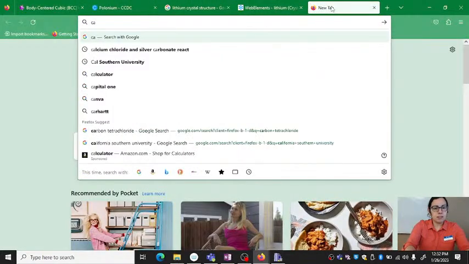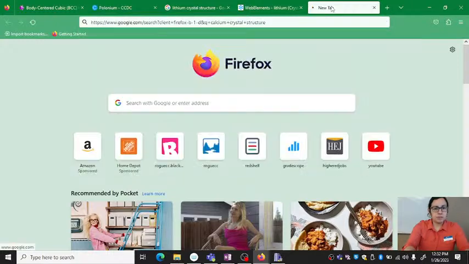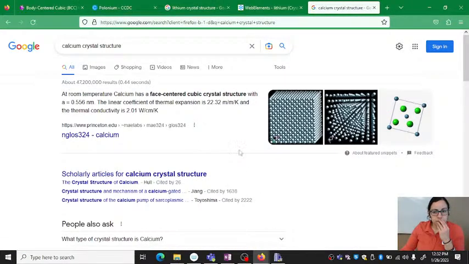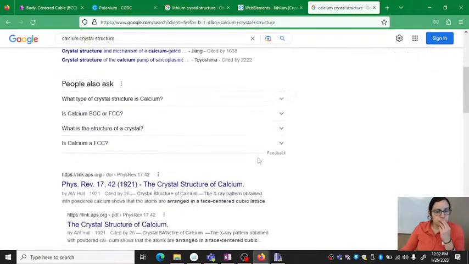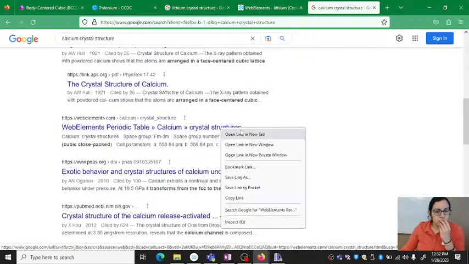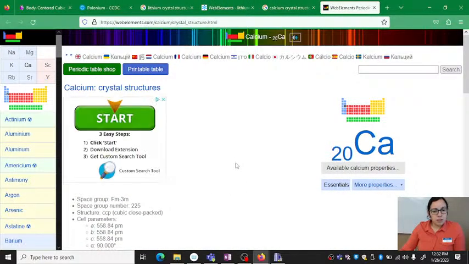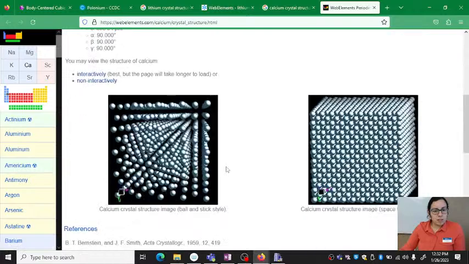And so now let's go calcium crystal structure. See if this gives us a pretty picture. It's not the best picture.